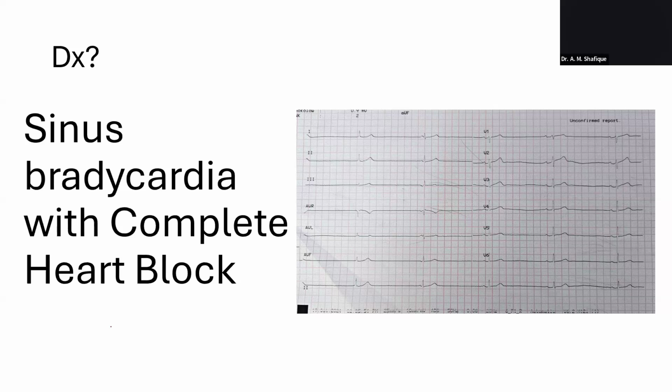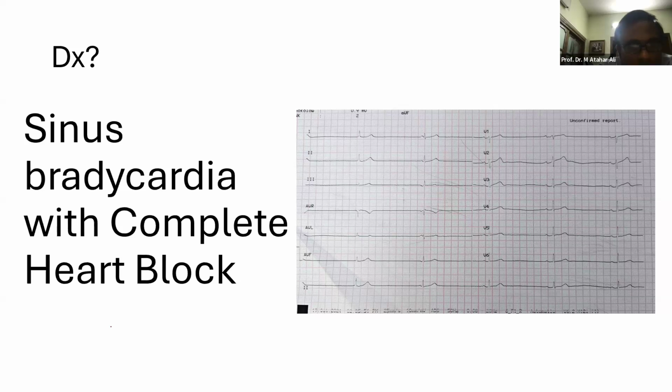But at that time the bradycardia was not less than 40, the rate was more than 40. But this time the rate is really low, 32. That is why I suggested pacemaker implantation. But the patient was thinking, has not yet come, and is a bit differing with my opinion.